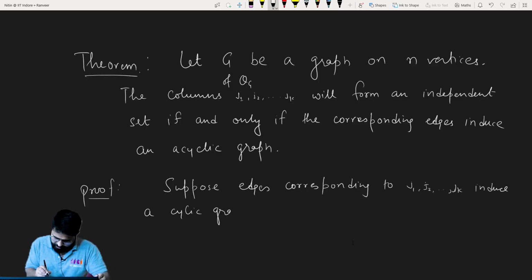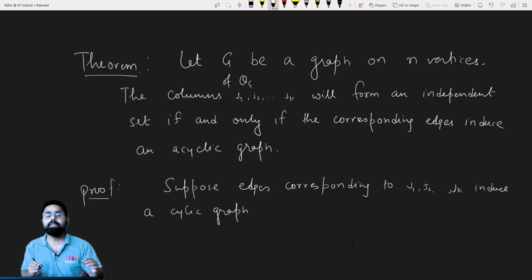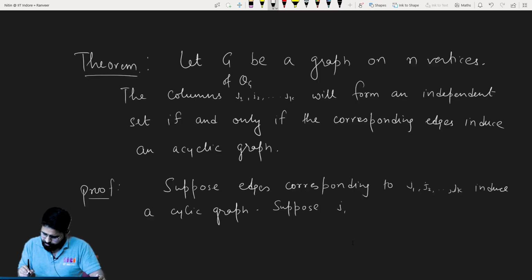That means there is a cycle, and without loss of generality say the edges J1, J2, up to Jp form a cycle, where p is less than or equal to k.